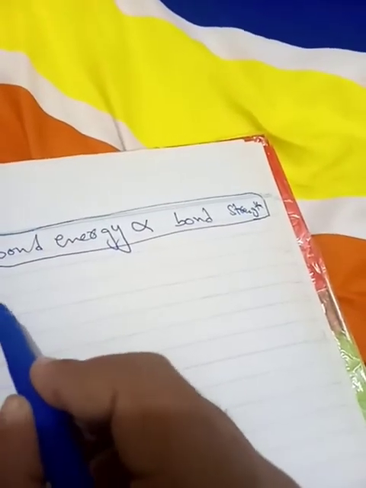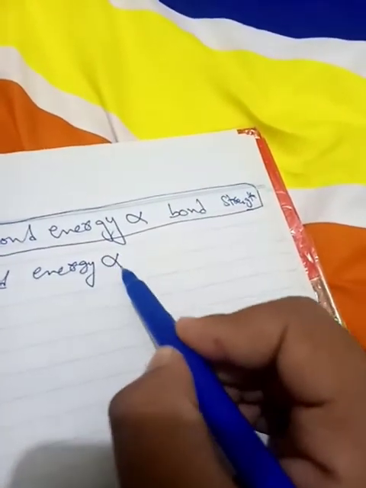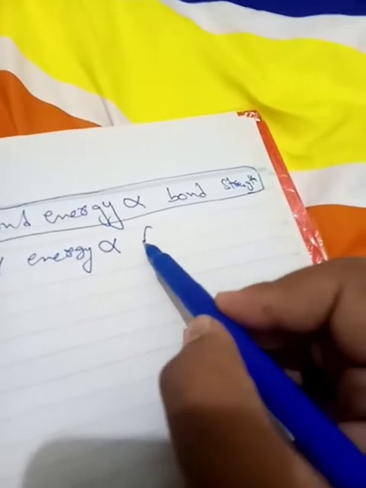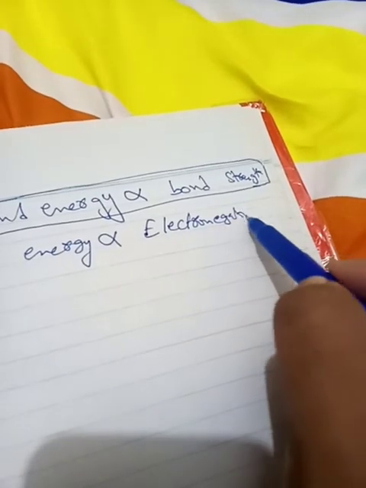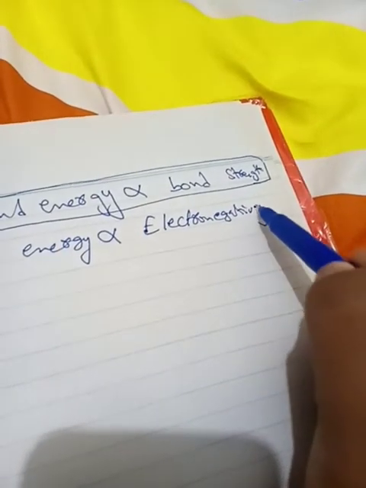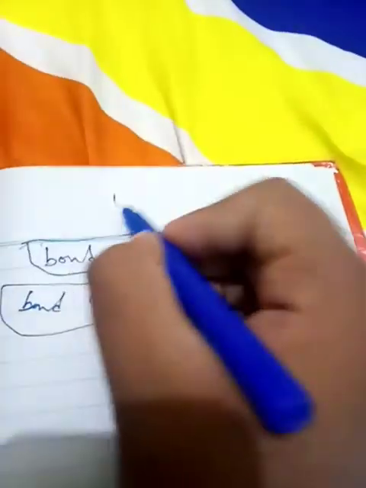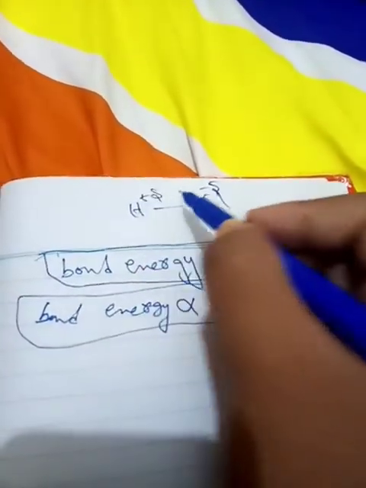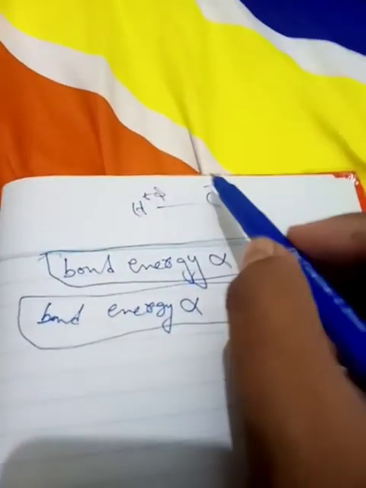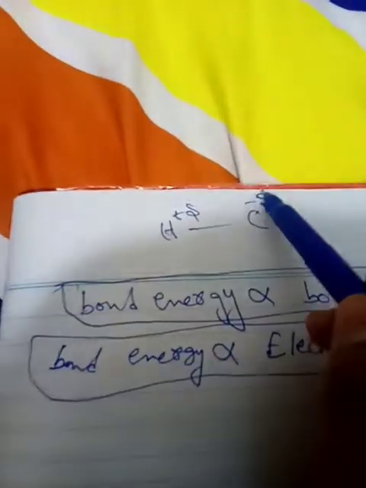Bond energy also depends upon the electronegativity. The higher the electronegativity is, the stronger the bond that forms, and the stronger the bond energy will be. For example, in HCl we have partial negative and partial positive charges.